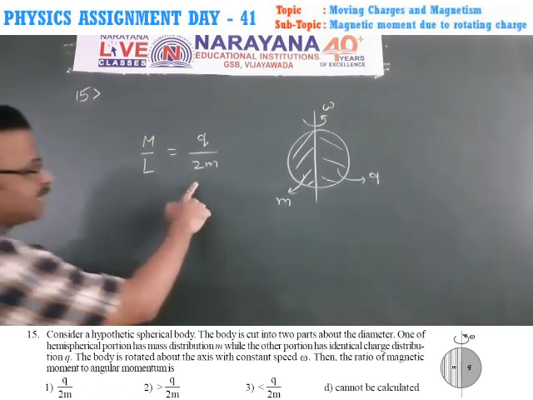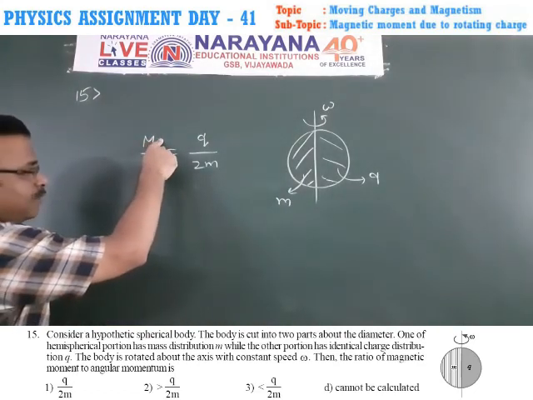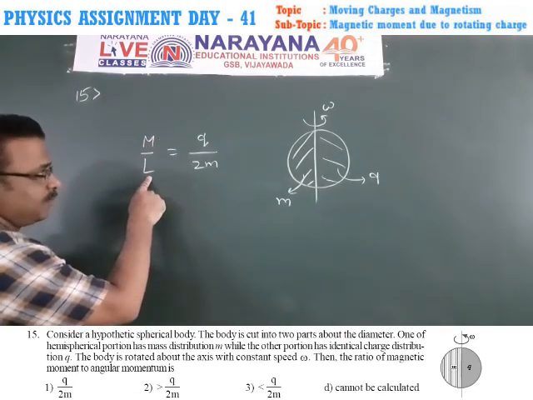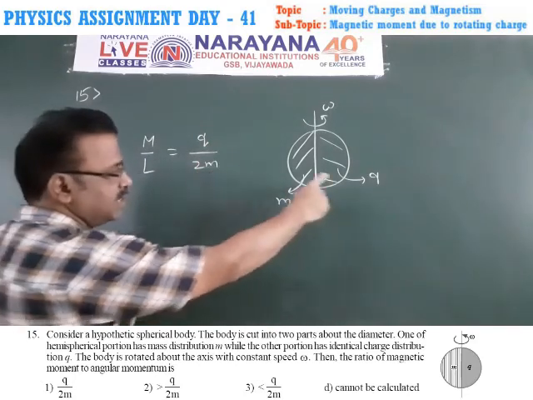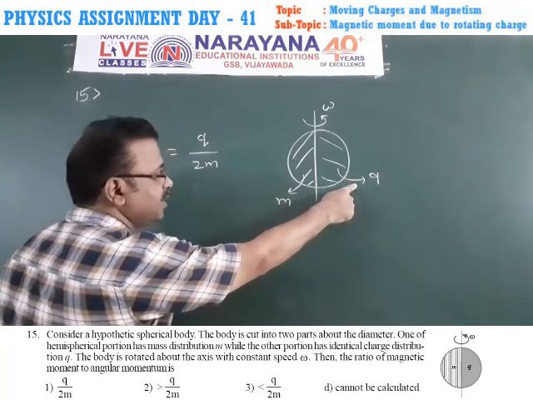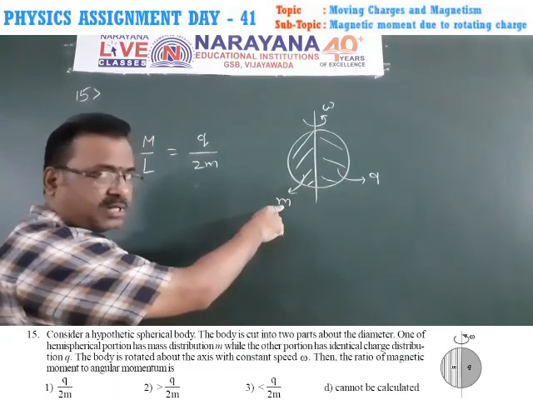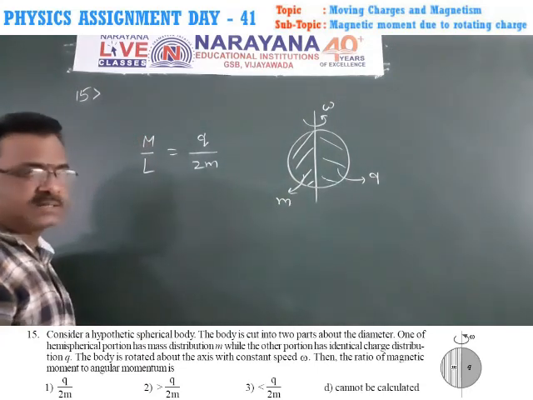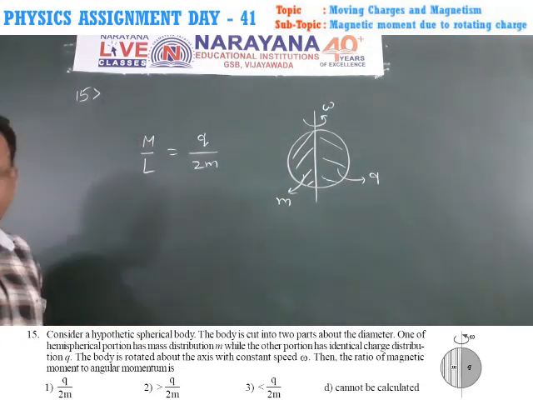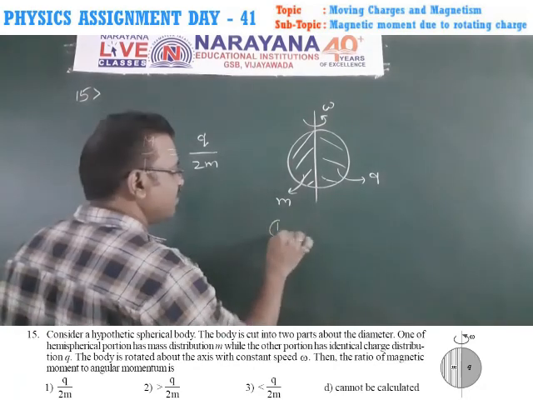So in this case also, the ratio of magnetic moment to the angular momentum remains constant, and which is equal to q by 2m, because q is charge distribution in the sphere and m is mass distribution in the sphere, and omega is nothing but angular velocity about its axis. So m by L is equal to q by 2m. Option 1 is correct.